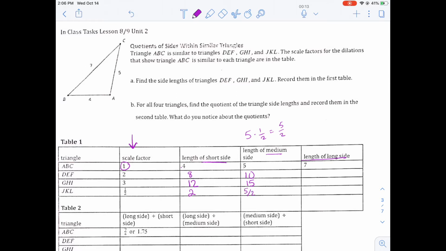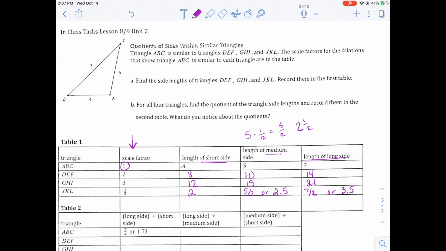We can write it as 5 halves, or we can change that to a mixed number. 2 can go into 5 2 whole times with 1 left over, or we can have 2.5. Okay? And then you'll do the same thing for the last one. So when you do that, you'll end up with 14, 21, 7 halves, or that's the same thing as 3.5.